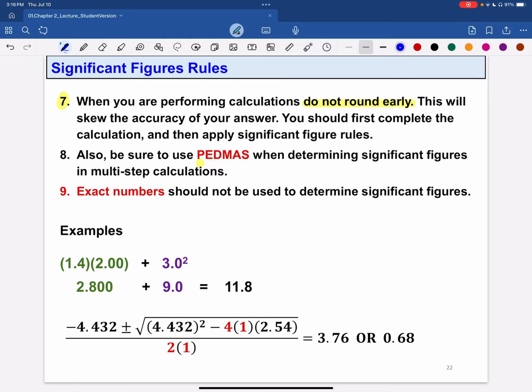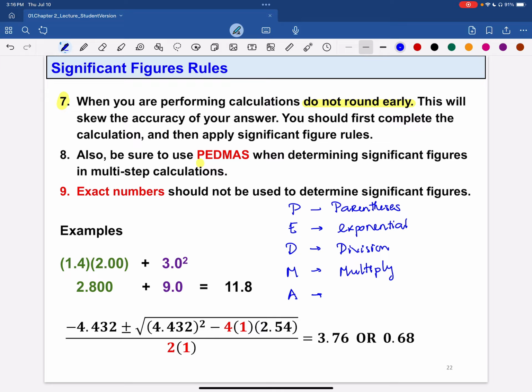That's what PEMDAS stands for. So P means parentheses. E means exponential. D, division. M, multiply. A, addition. And S, subtraction.